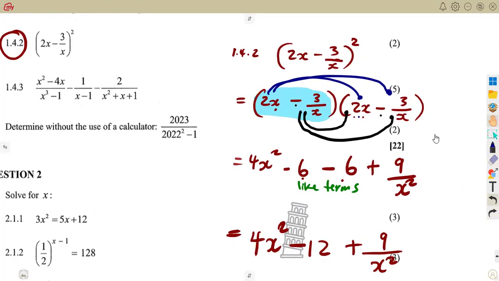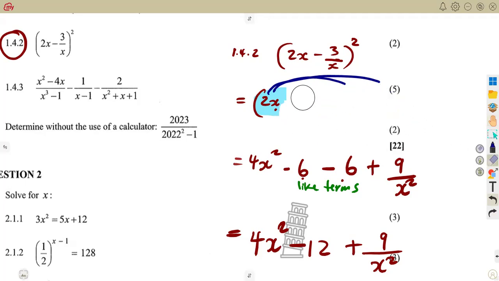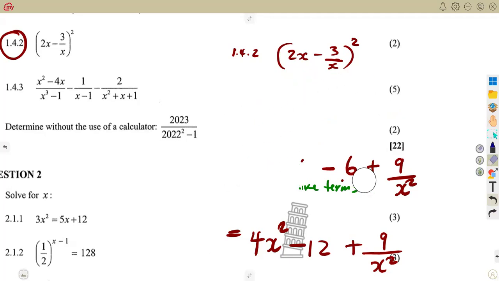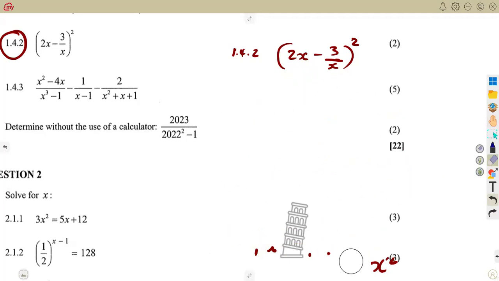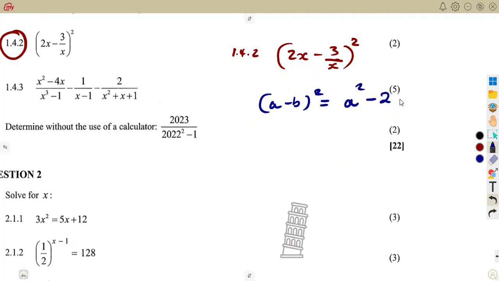So like I said, it is a condition where you do not actually understand your algebraic identities, because if you understand your algebraic identities, you know that a minus b squared is equal to a squared minus 2ab plus b squared.